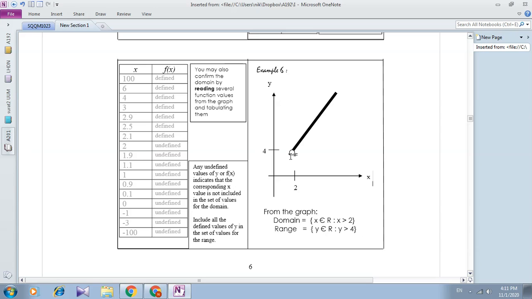So the domain, the value inputs that you can consider horizontally, will be x greater than 2, because we have a white dot. White dot means it does not include 2. The same for the range. The value input will be y greater than 4. So here is x greater than 2, while for the range, y greater than 4.